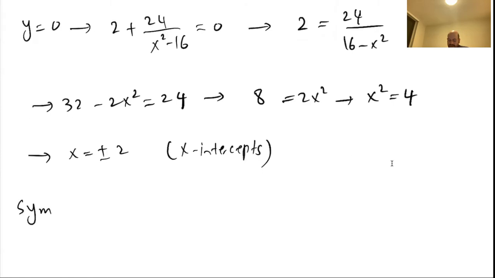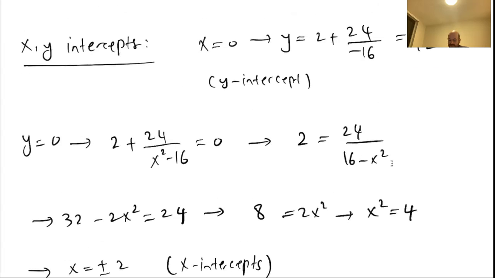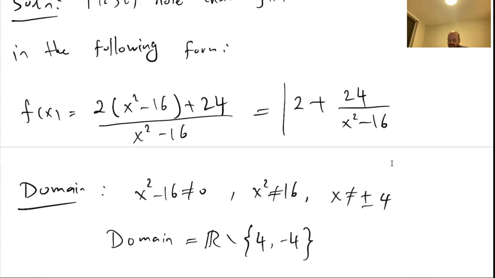And then symmetry. See, if I change x to minus x, look at the formula for f. This is the formula for f. If I change x to minus x, y will not change because 2 will not change, 24 will not change, x squared will not change if I change x to minus x.